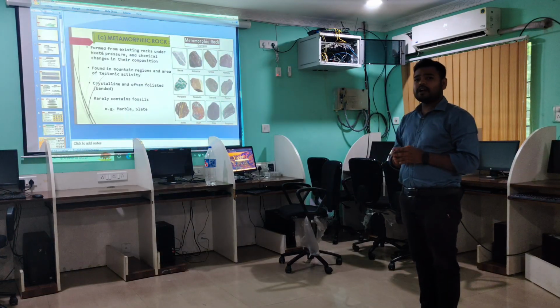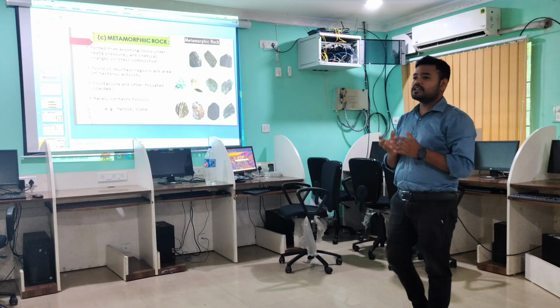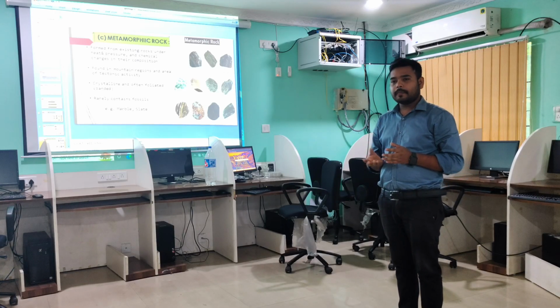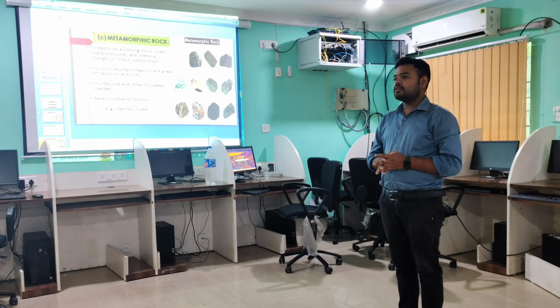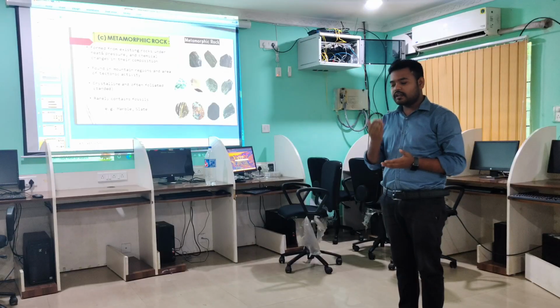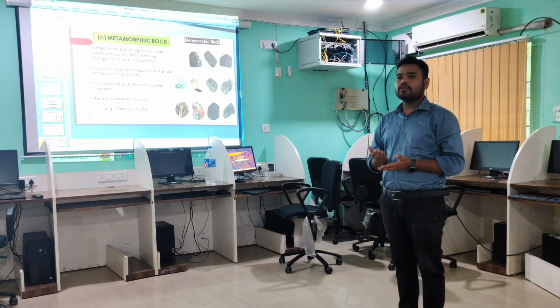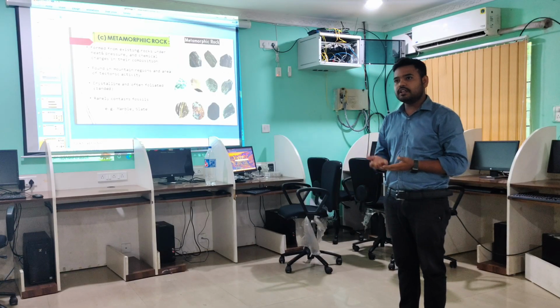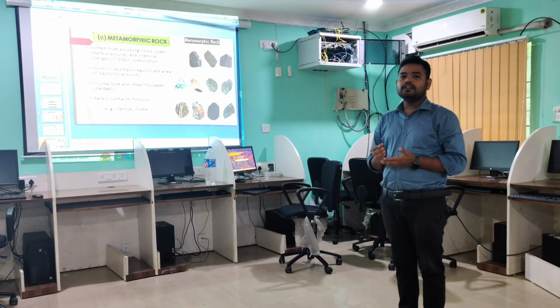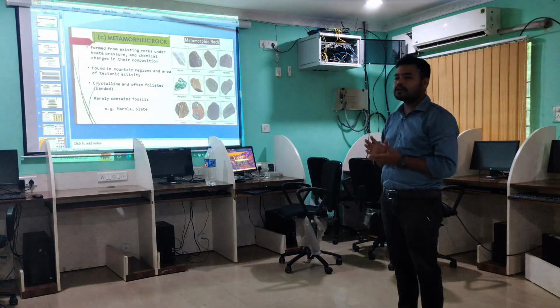Metamorphic rocks are mainly formed by the process of metamorphism. In metamorphism, temperature and pressure increase with depth, and chemically active fluid is also involved to form a metamorphic rock.